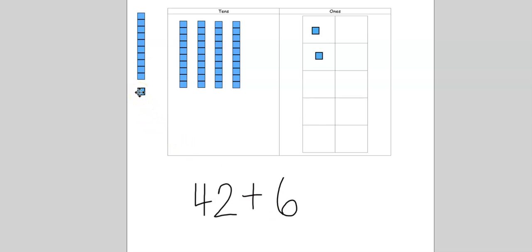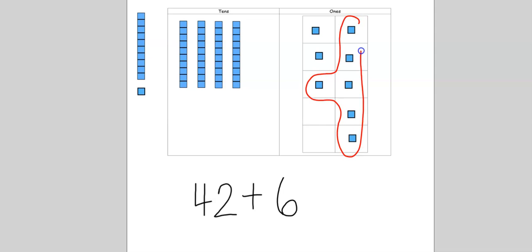Let's move 6. 1, 2, 3, 4, 5, and one more makes 6. So here are my 6, right? And here are my 2.